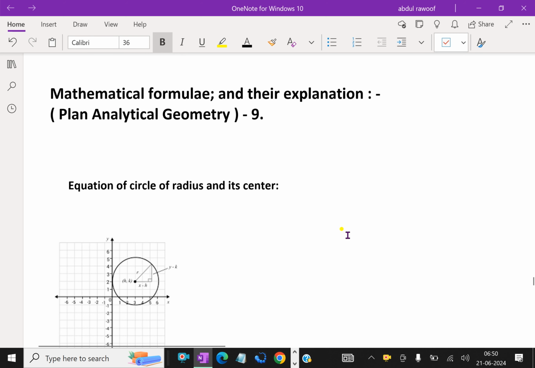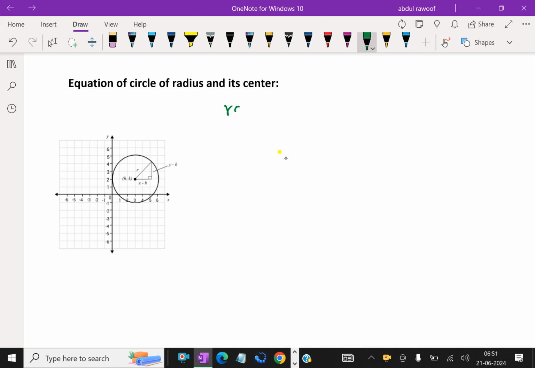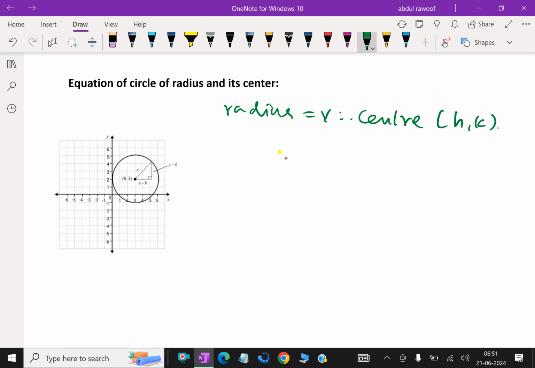Here, we will discuss formulas for conic sections. First, the equation of a circle with radius r and center h comma k.